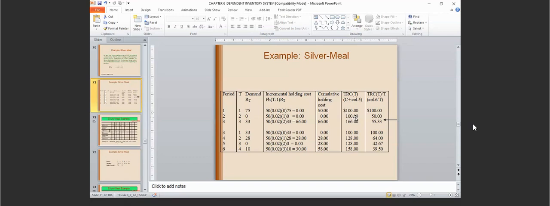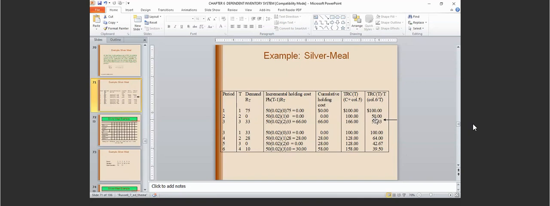Buat andaian kita akan buat pemesanan 75 unit berdasarkan period yang pertama tu. Jadi kita kekalkan 100. 100 bahagikan dengan 2 tempoh masa di sini untuk dapatkan nilai average. Jadi secara puratanya adalah 50, kan?